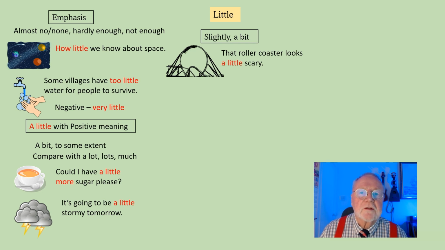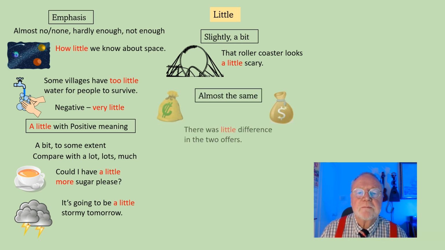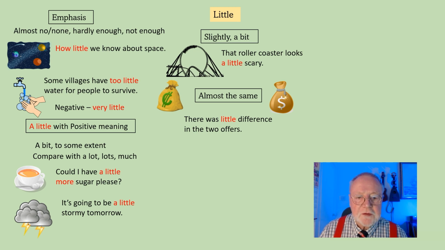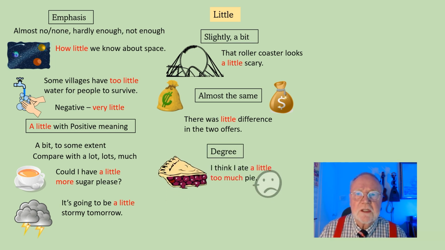We can use little as an adjective to express almost the same. There was little difference in the two offers. We can use it to express degree. I think I ate a little too much pie. It tells us how much of something.